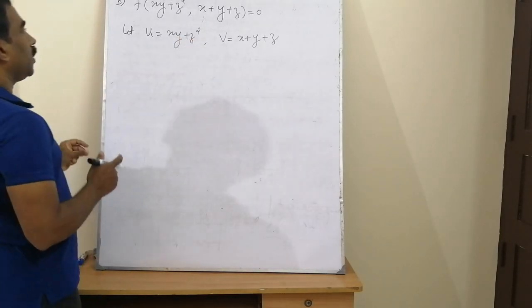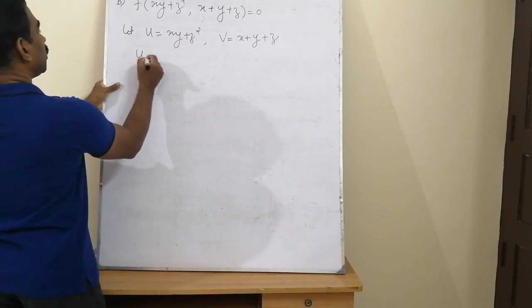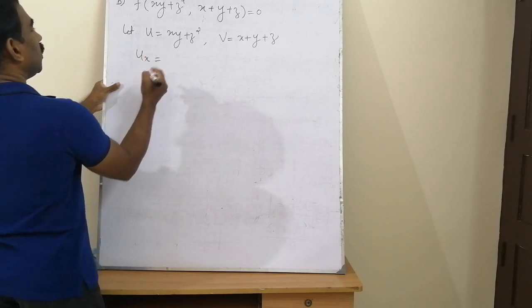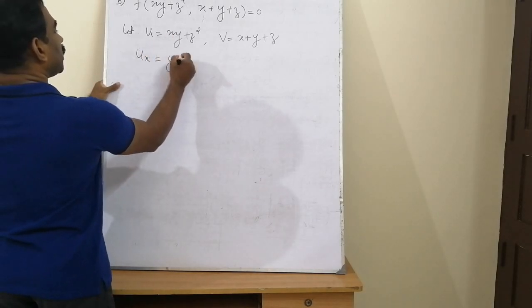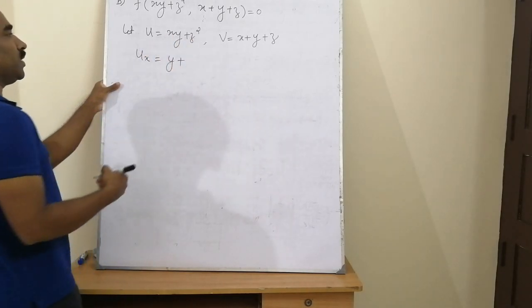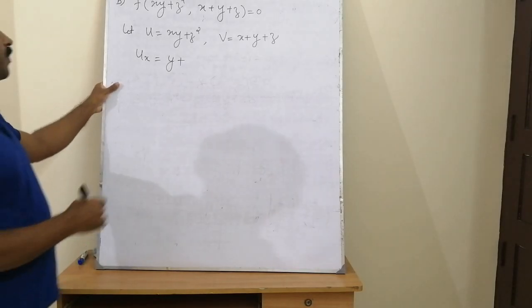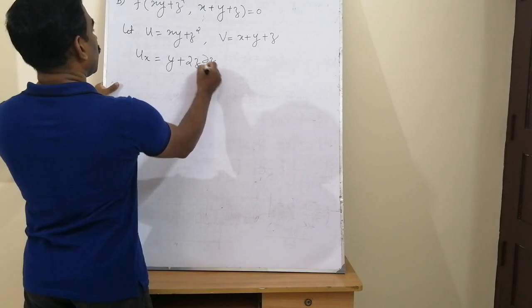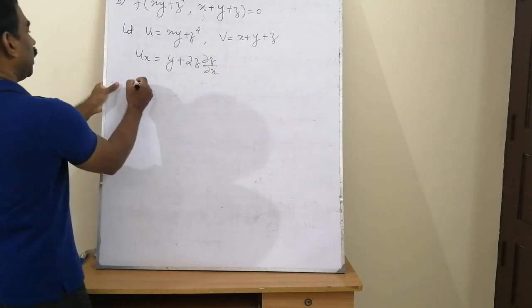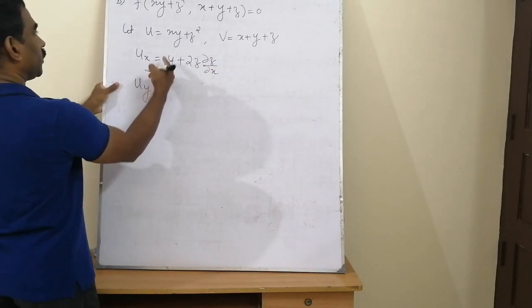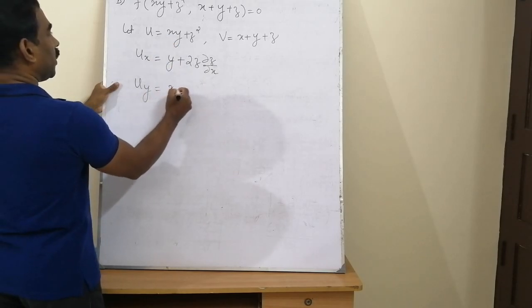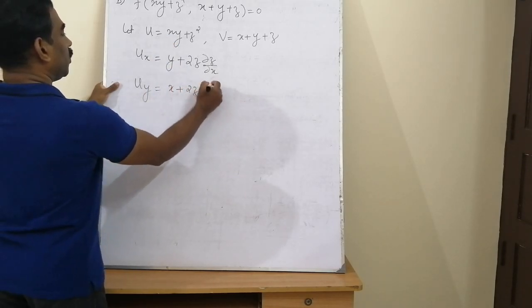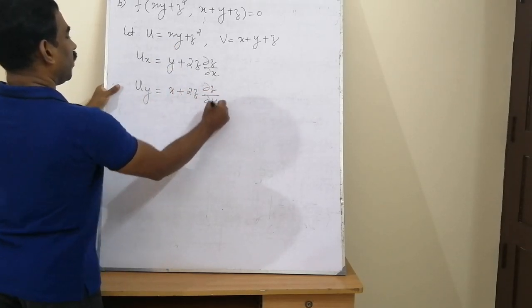So it is enough to compute the partial derivatives. What is ux? ux is equal to y plus the derivative of z square with respect to x, where z is a function of x and y. So this is 2z into ∂z/∂x, that is ux, and the uy part will be x plus 2z into ∂z/∂y.